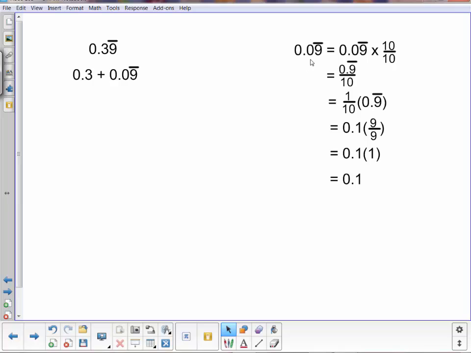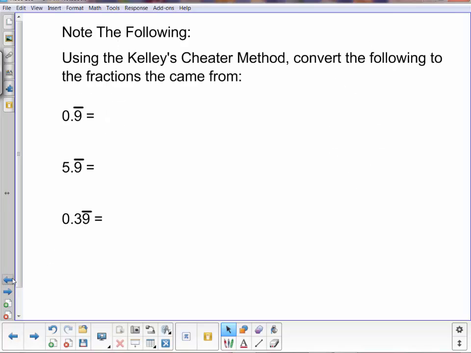So 0.09 bar turns into the value simply of 0.1. Replacing that back over here, we have 0.3 plus 0.1, and adding those two together, we get the answer 0.4. So if we return back here, notice this value here now becomes simply 0.4.